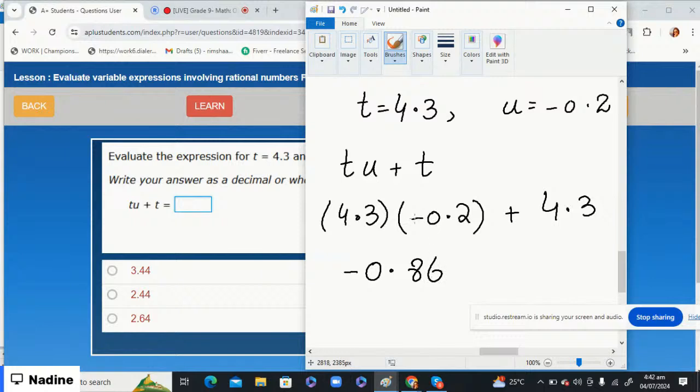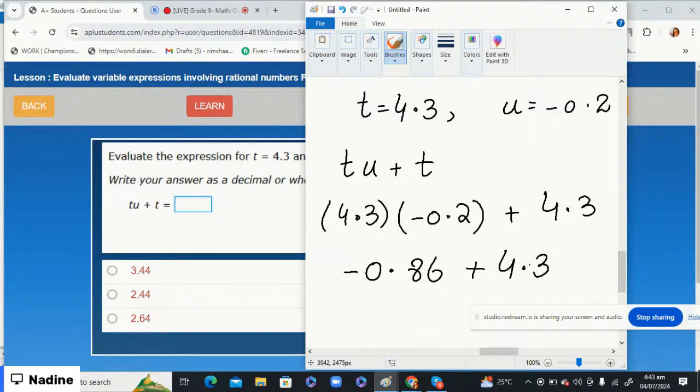Why is it minus? Because if a negative number and a positive number are multiplied with each other, the sign is negative. Then add 4.3. So minus 0.86 added with 4.3. One has a minus sign, one has a plus sign.